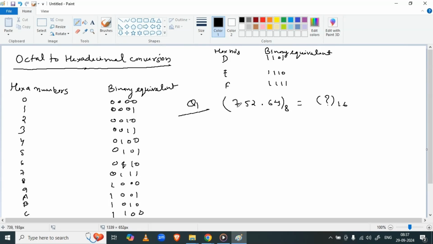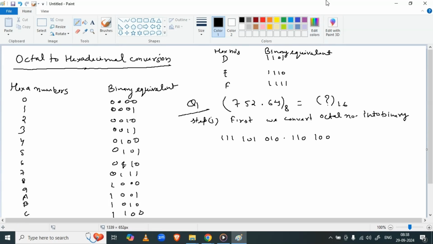In step 1, we first convert the octal number into binary: 7 is 111, 5 is 101, 2 is 010, point, 6 is 110, 6 is 110, 4 is 100.